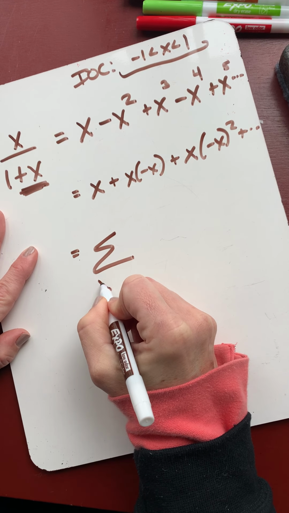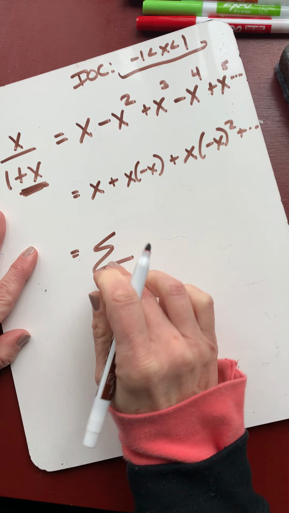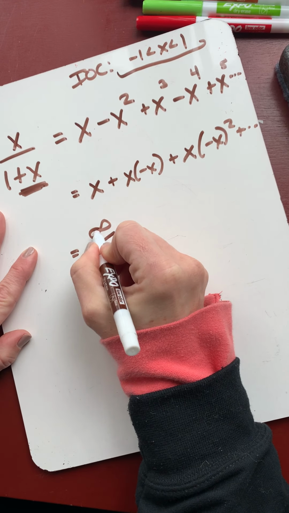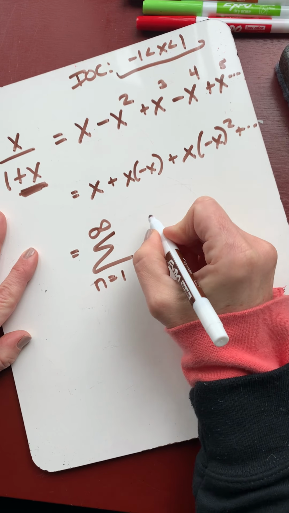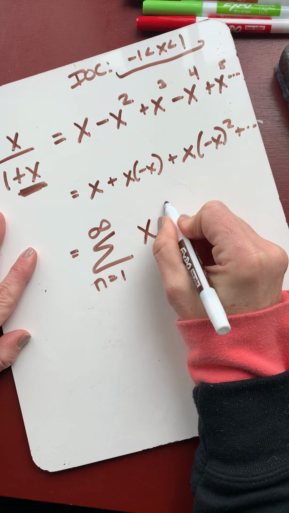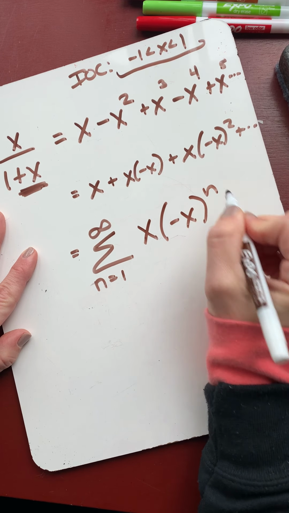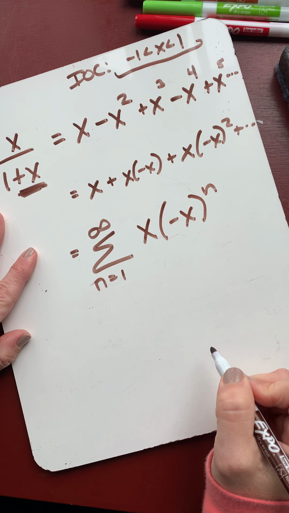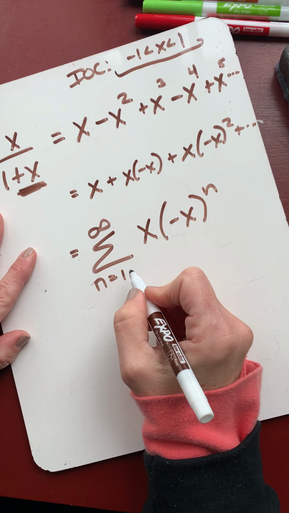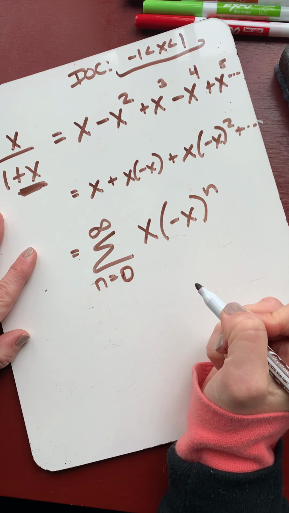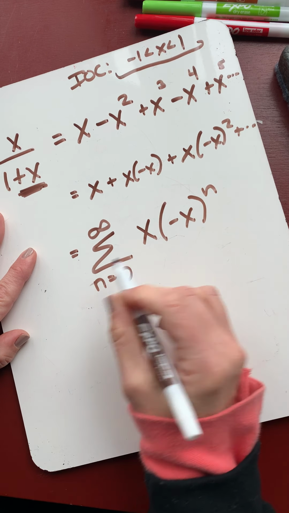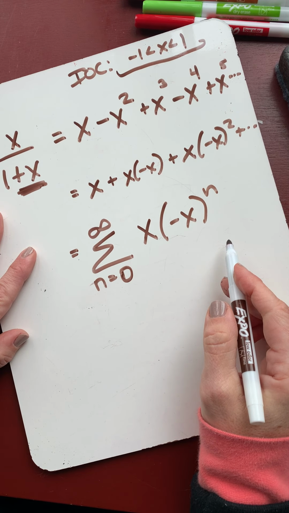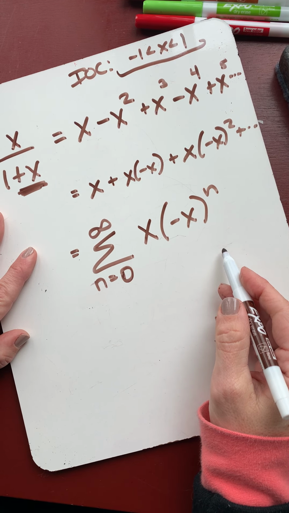And you could have x times -x to the n. That would also work. But then I would have to start at 0. I feel like that's uglier than the others I put in there, but this would also work.